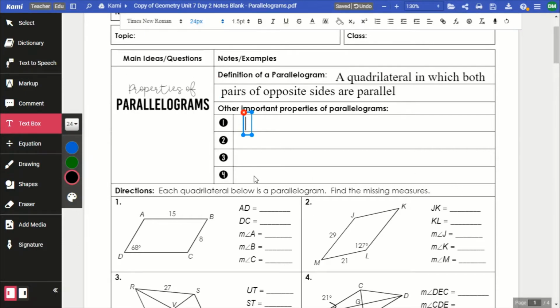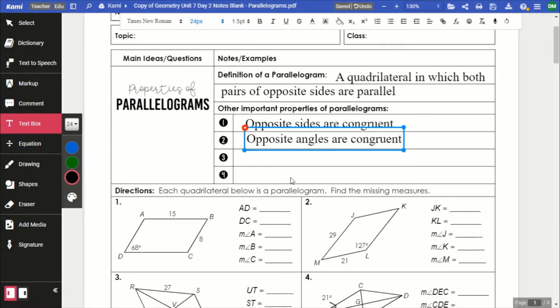All right, property 1. In any parallelogram, opposite sides are congruent. Property 2. In any parallelogram, opposite angles are congruent. Property 3.